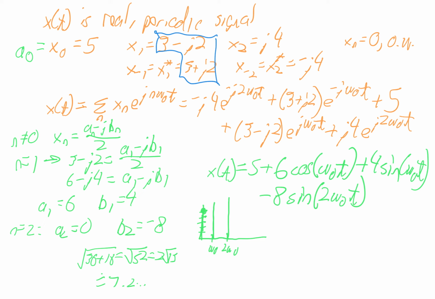And then I can also do the phase, and the tangent of the phase is going to be negative b over a, which is negative 4 over 6. But notice that that also corresponds to the angle of x1.